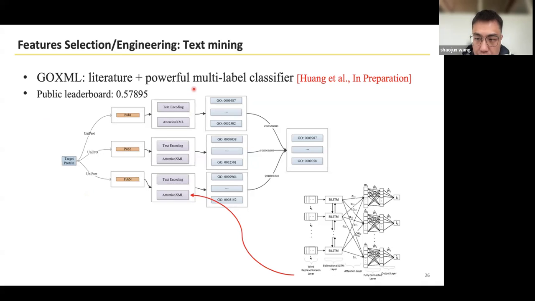Specifically, based on the relevant literature information of the proteins in UniProt, we first encode these texts with BioBERT, and then utilize AttentionXML to complete a large-scale multi-label classification. Finally, we unify the functional information of proteins under literature by consensus methods to complete the functional prediction of target proteins.